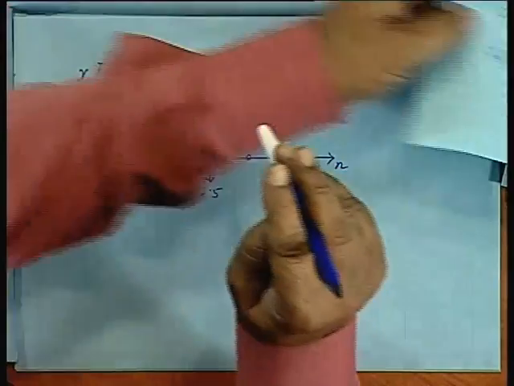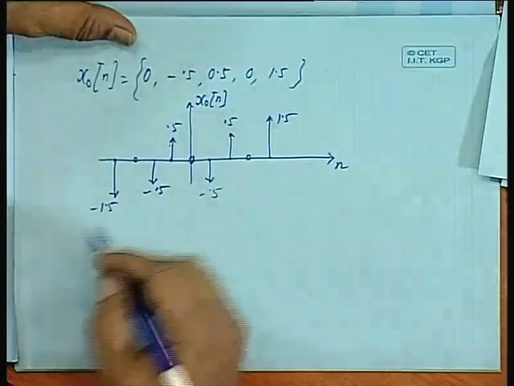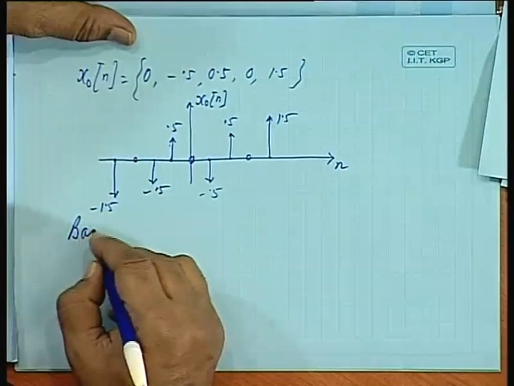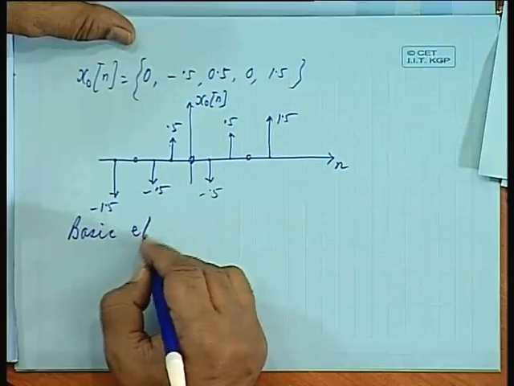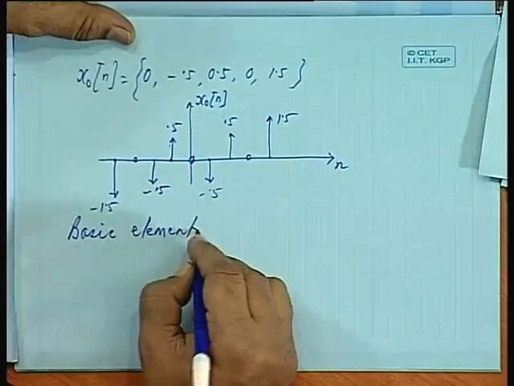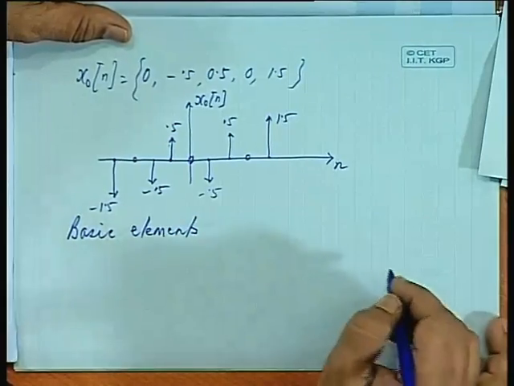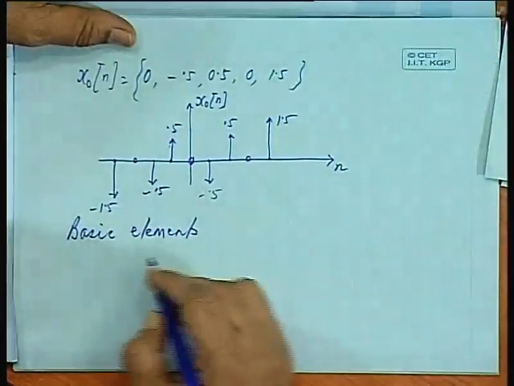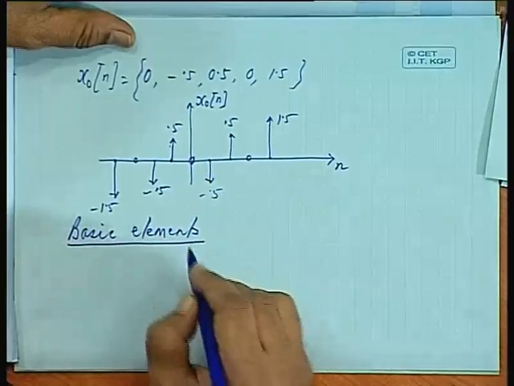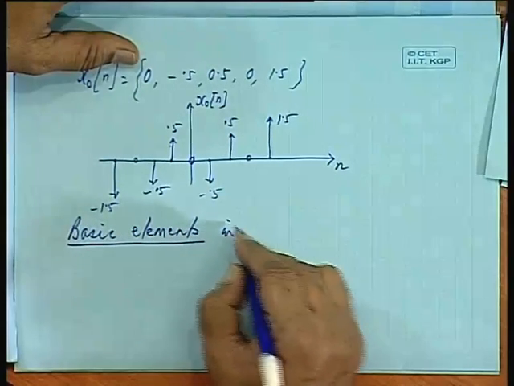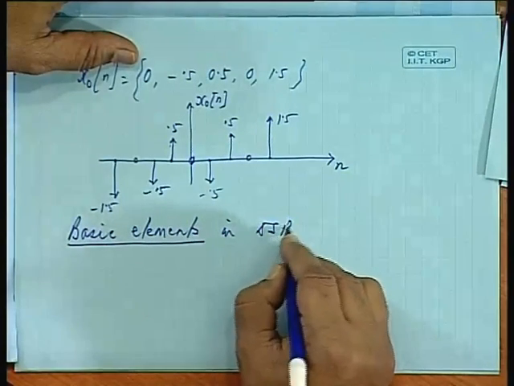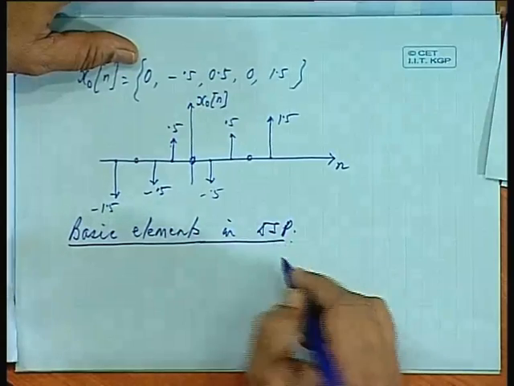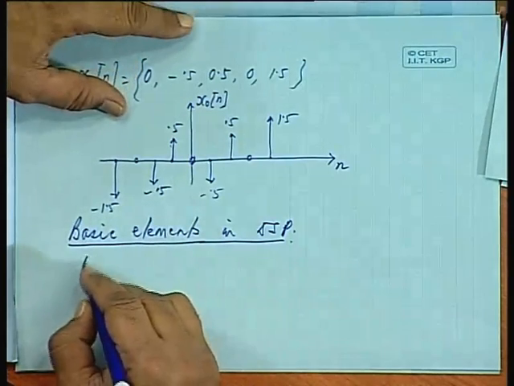Now we take some basic elements used for signal processing operations. One is an adder.